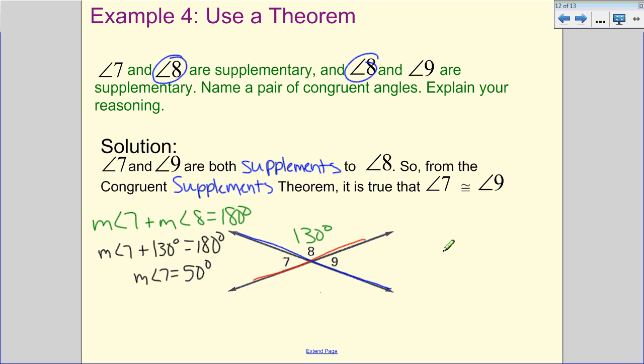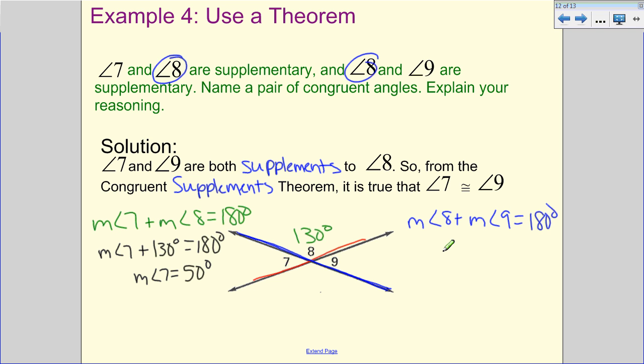All right, well, we also know that 8 and 9 are supplements from our diagram. They made this straight line here. So I know the measure of angle 8 plus the measure of angle 9 equals 180 degrees. That's our definition of being supplements. They tell me that at the beginning of the problem. So now I'm going to do some substitution. Angle 8 hasn't changed.